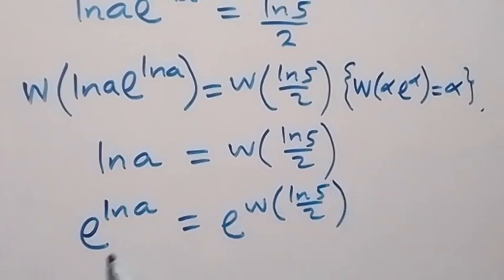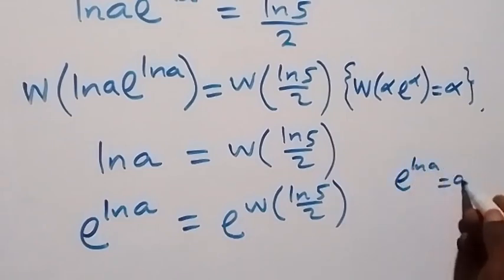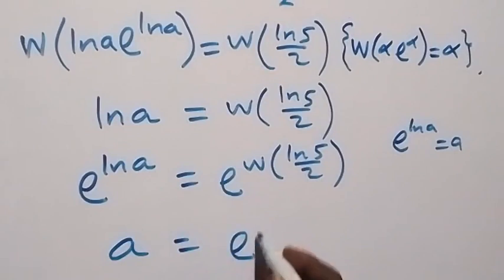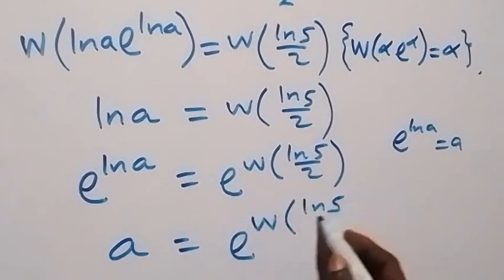And from here, recall that e raised to ln a is the same thing as a, then simply this will give us a, which is equal to e raised to W of ln 5 over 2.